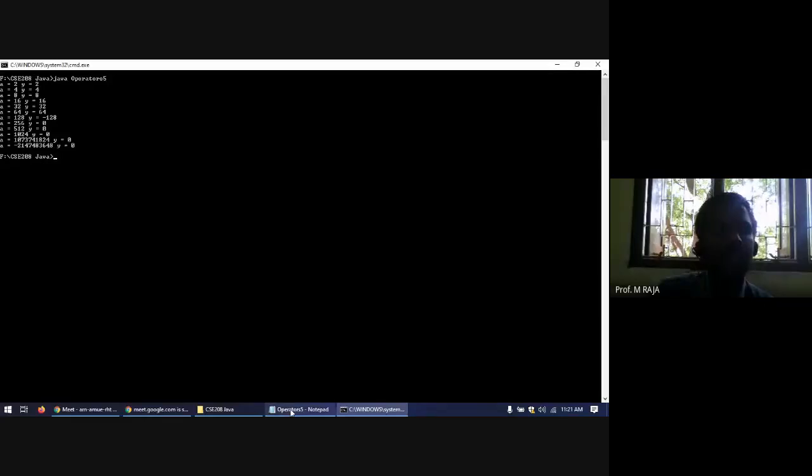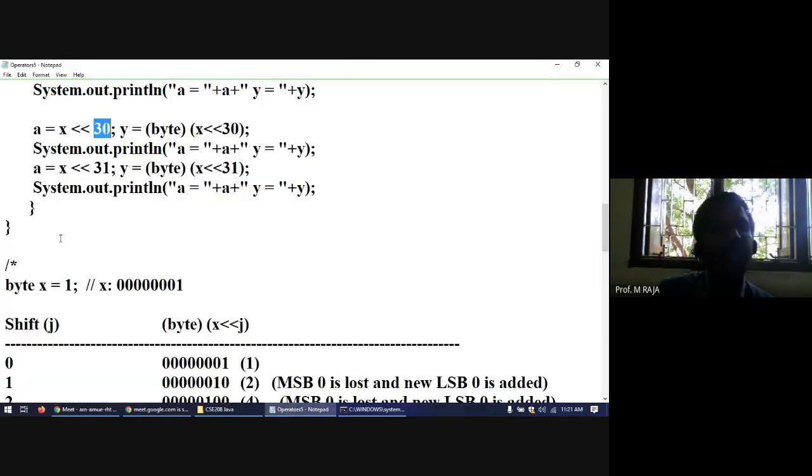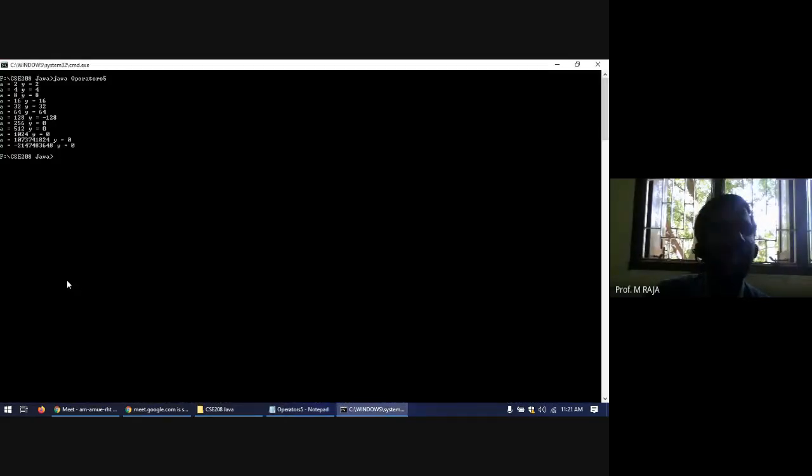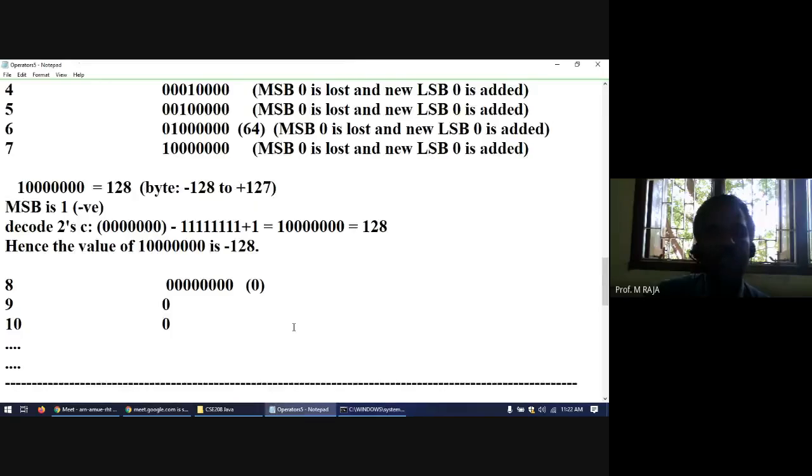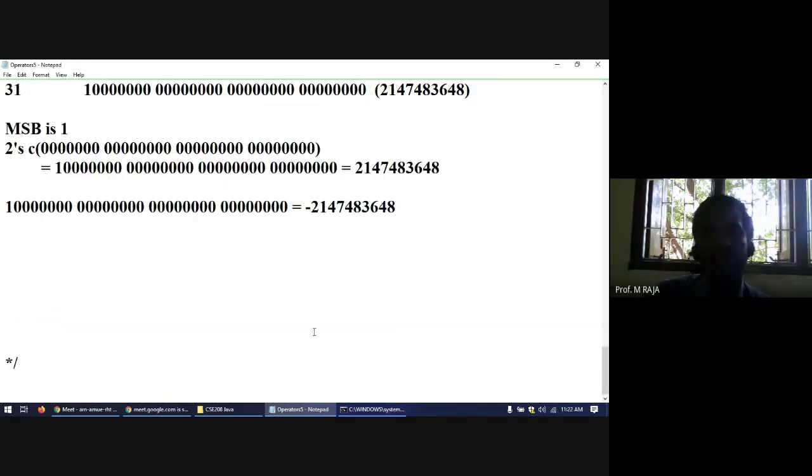Then the last line, a is equal to x left shift 31. 31 times we are performing a bitwise left shift operation on the integer variable x. Then you are printing the value of a, right? So the value of a is a negative quantity, minus 2147483648. Understand or not? This way Java performs the bitwise left shift operation.